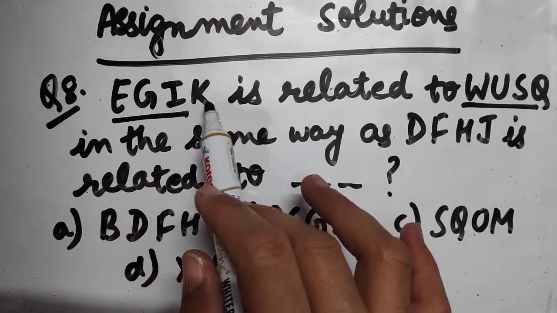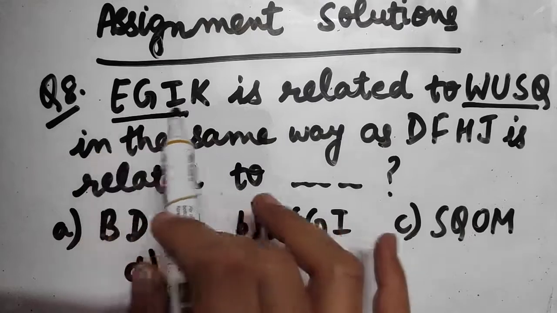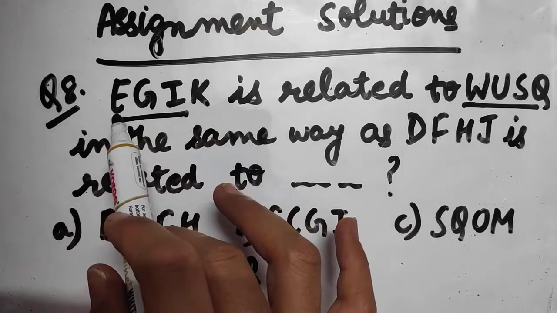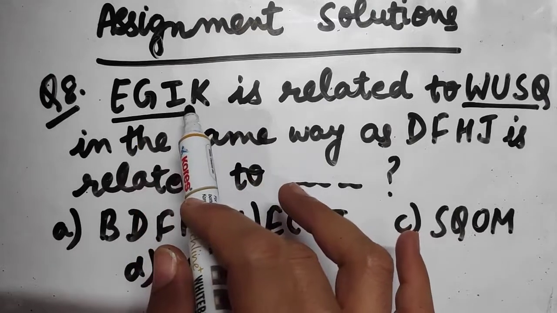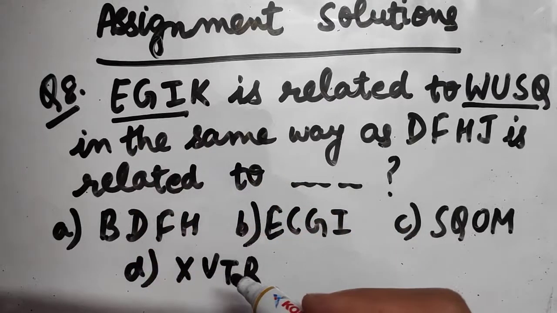EGIK, dear children, it is quite clear. These four alphabets are the 5th, 7th, 9th and 11th letters from the beginning of the alphabet series.